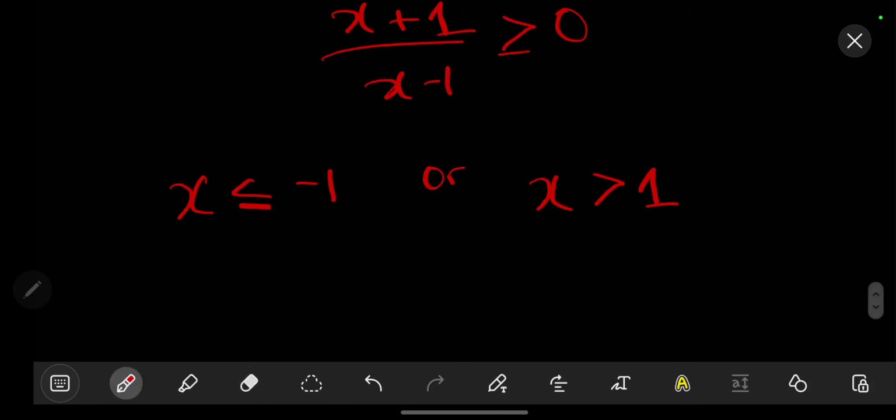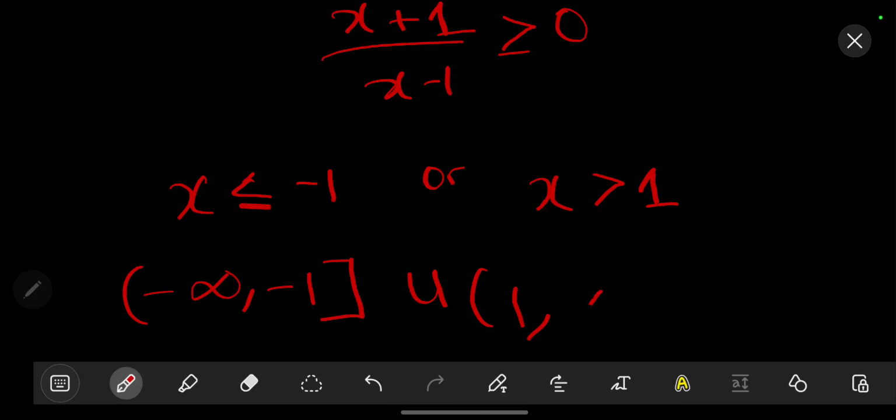So in interval notation, if x is less than or equal to negative 1, the smallest value will be negative infinity to negative 1, and less than or equal to means you can include negative 1. Then or means union, then we are going to have 1. If x is greater than 1, the smallest would be 1 not included, comma, the highest could be positive infinity. So this is our interval for that one.